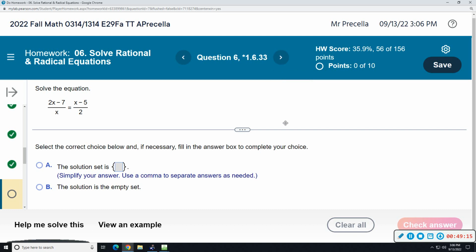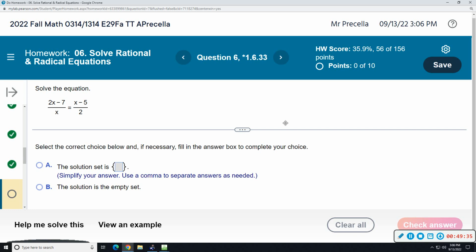Okay, I like this. This is a special type of problem where it says fraction equals fraction. And we're going to have a lot of equations like that this semester. When there's a fraction equal to a fraction, what I prefer to do is cross multiply.